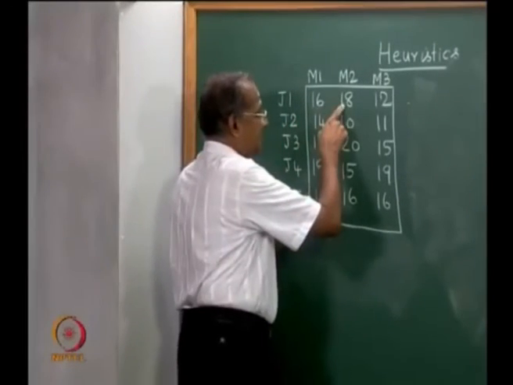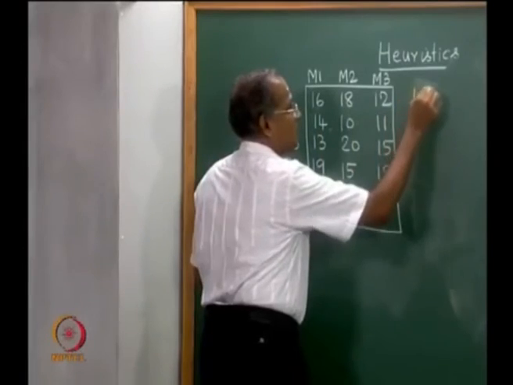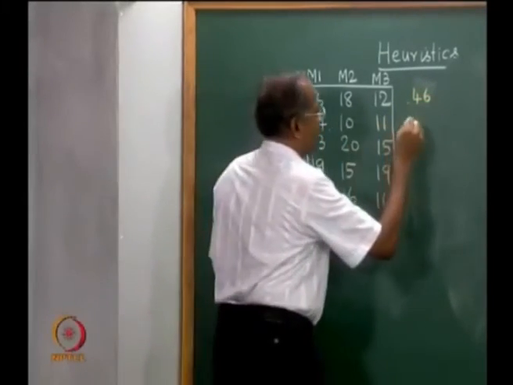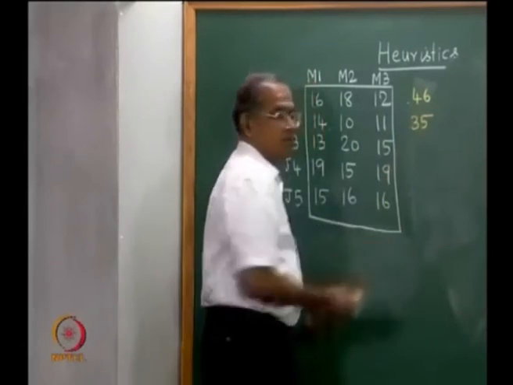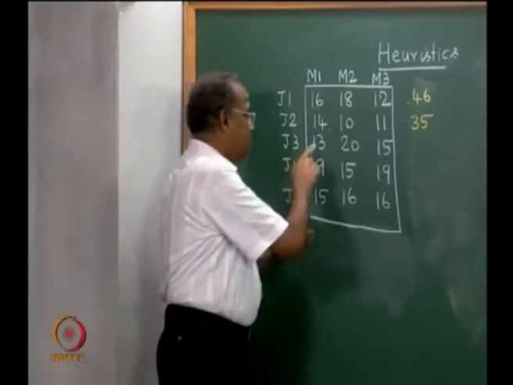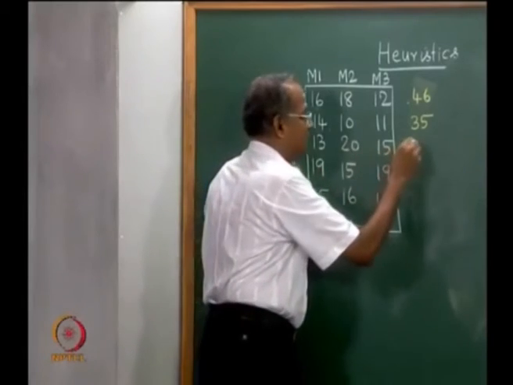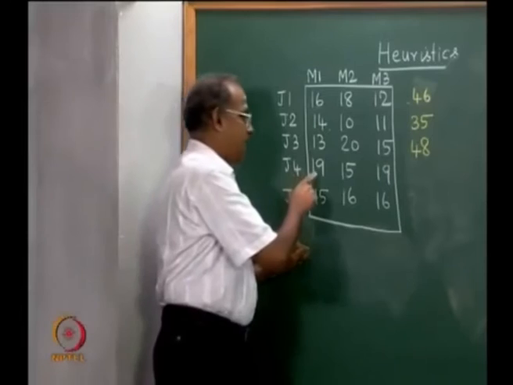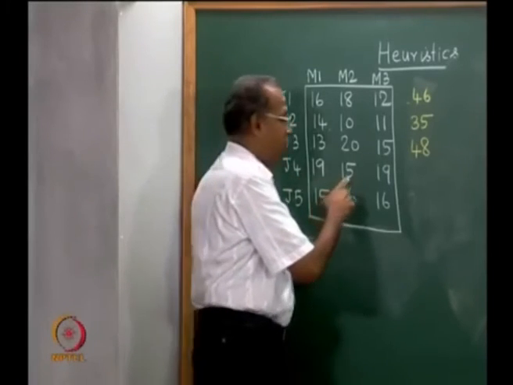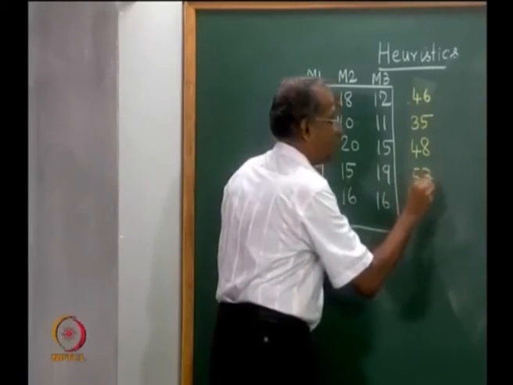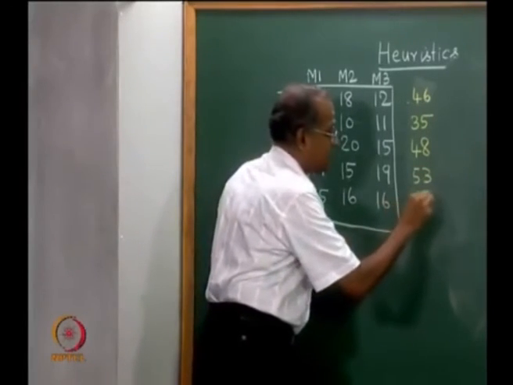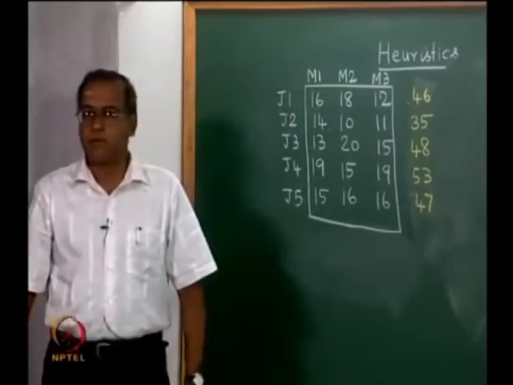So, 16 plus 18, 34, plus 12, 46; 14 plus 10, 24, plus 11, 35; 13 plus 20, 33, plus 15, 48; 19 plus 15, 34, plus 19, 53; 15 plus 16, 31, plus 16, 47.